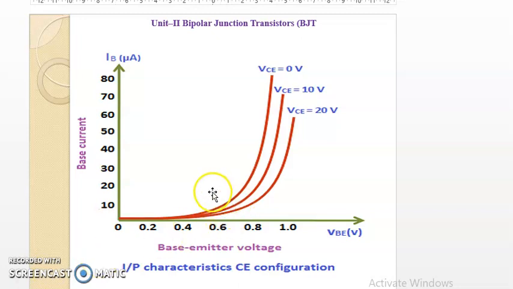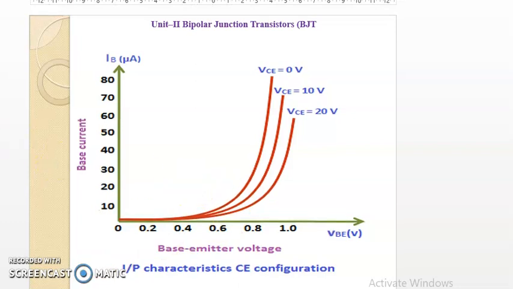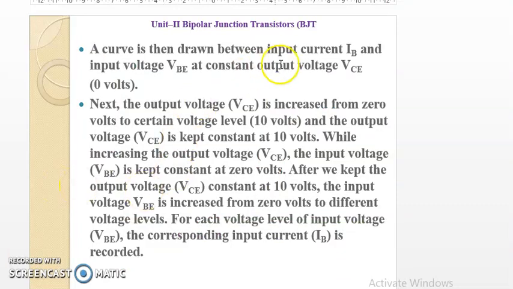Carefully, if we observe, then you will come to know the difference between these three curves. What happens when the collector voltage is increased? What is the change that we have to carefully study? A curve is then drawn between input current and the input voltage VBE at constant VCE. Next, the output voltage VCE is increased from 0 volt to a certain voltage level, 10 volt, 15 volt, 20 volt and so on. While increasing the output voltage VCE, the input voltage VBE is kept constant at 0 volt.